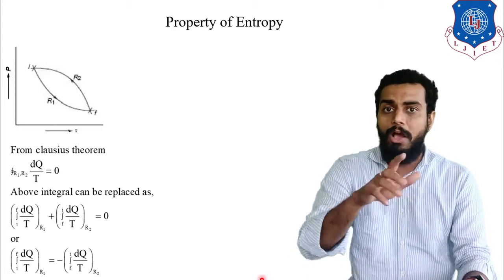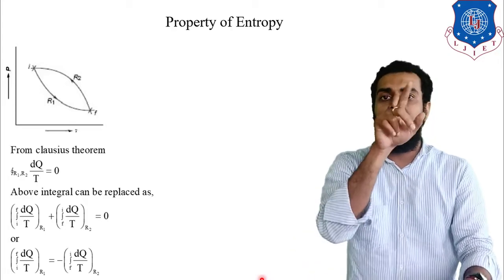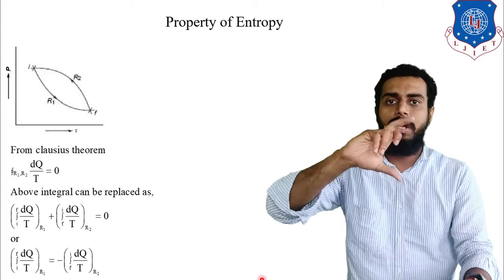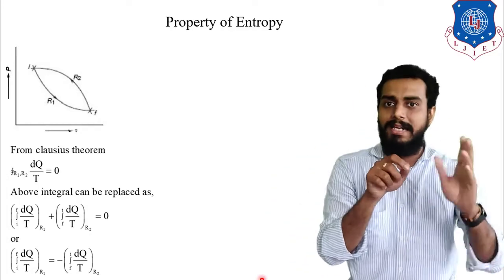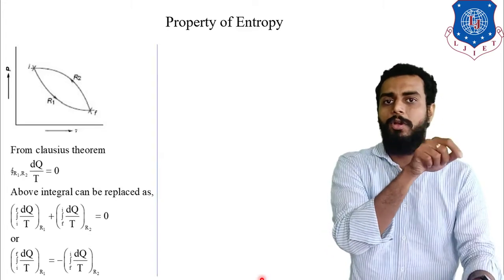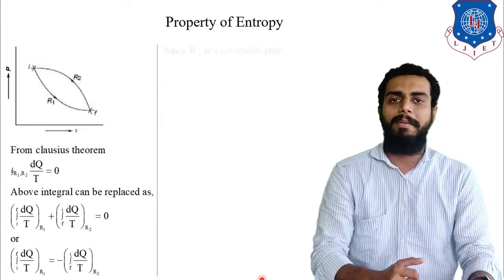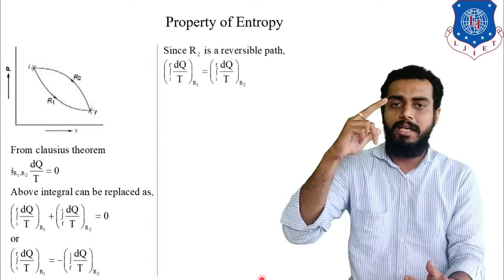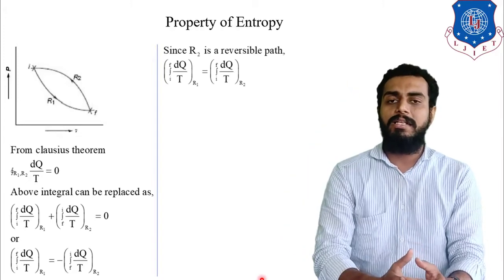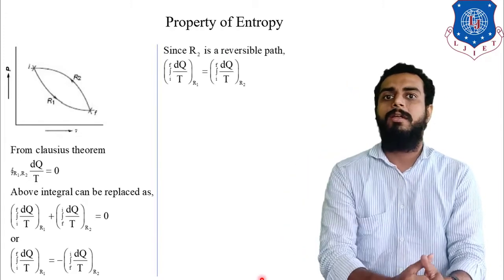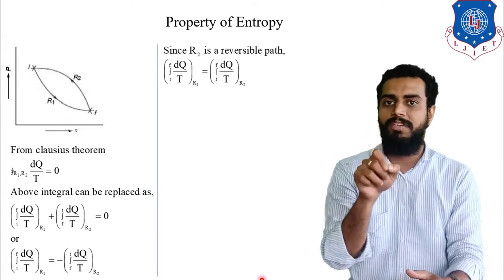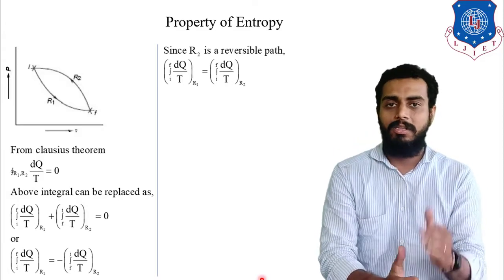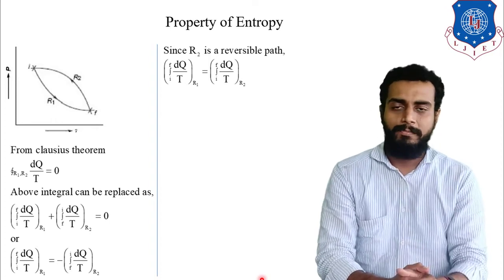So instead of going from F to I, let me change the limits mathematically. I can write I to F on the right hand side of dq by T following the R2 path. And you know from the mathematical rule that if you change the limits of the integral, the minus sign will be multiplied. So here we already had a minus sign, so minus minus gives a plus sign on the right hand side of the equation.